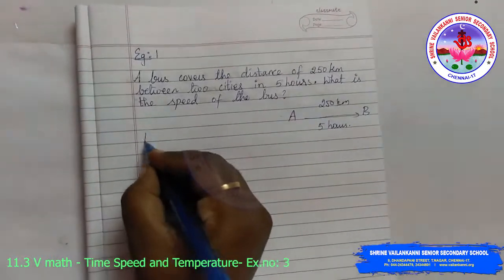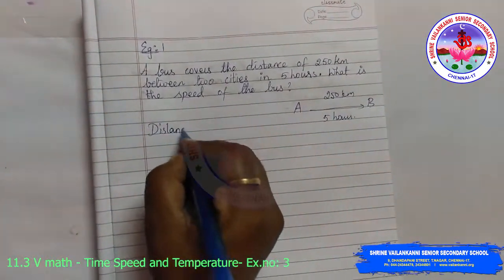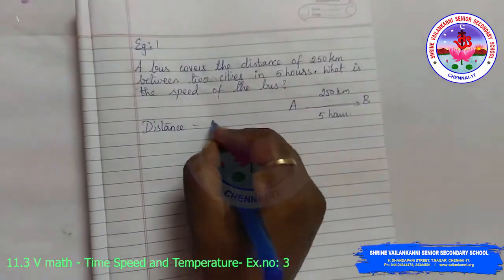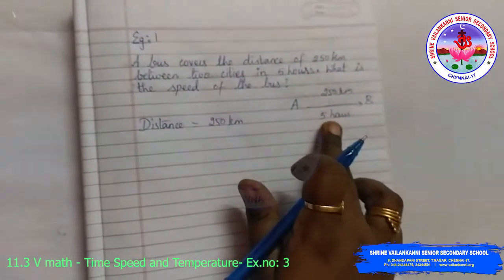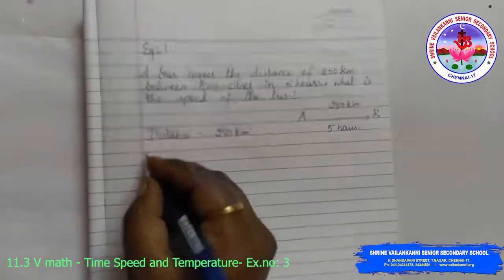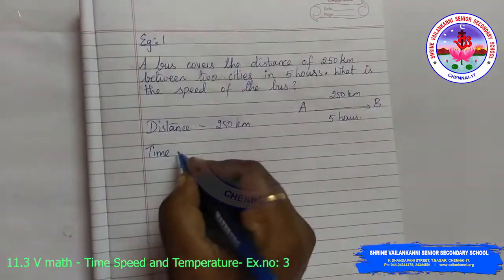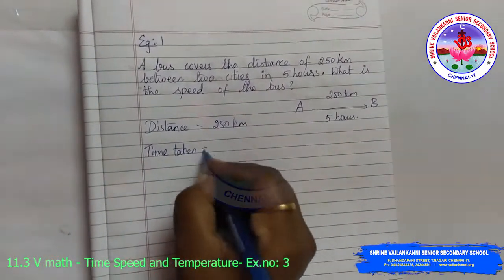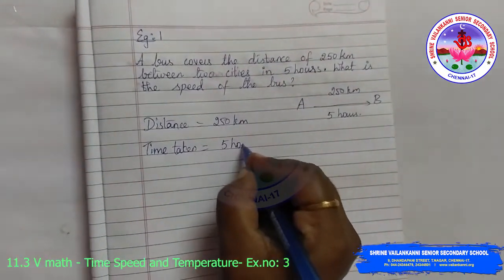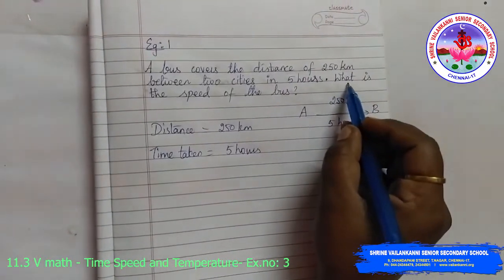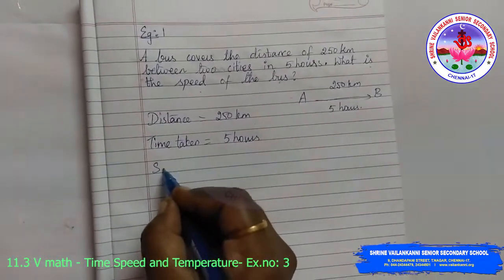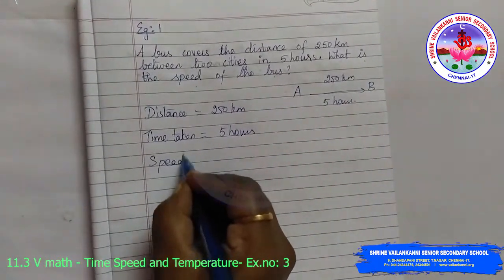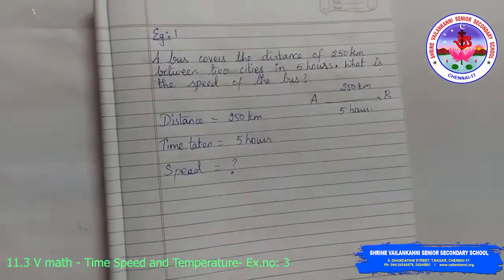Here distance 250 km is given and the time taken 5 hours is given. The question asked is, what is the speed of the bus? So we are going to find the speed of the bus.